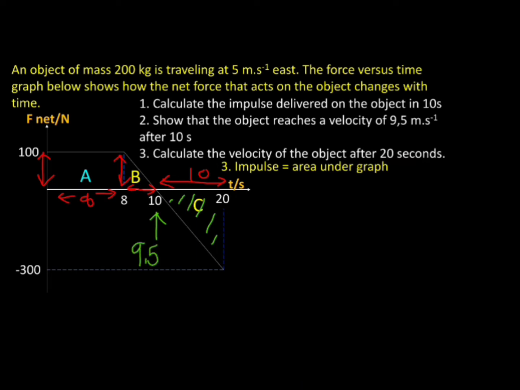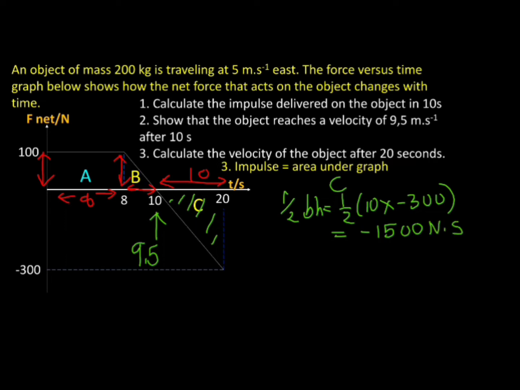So the impulse for C is going to be a half base times height, which is a half of 10 times the negative 300. Okay. 10 times negative 300 is negative 3,000. Half of negative 3,000 gives me negative 1,500 Newton seconds.